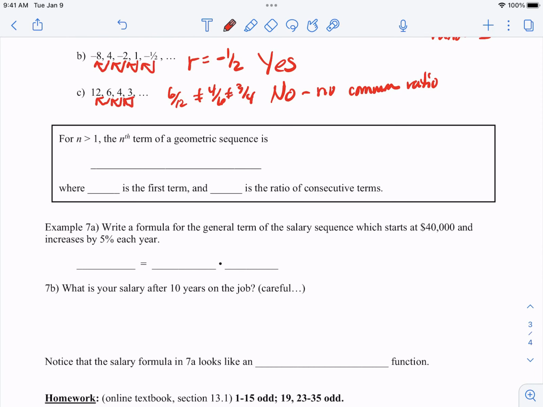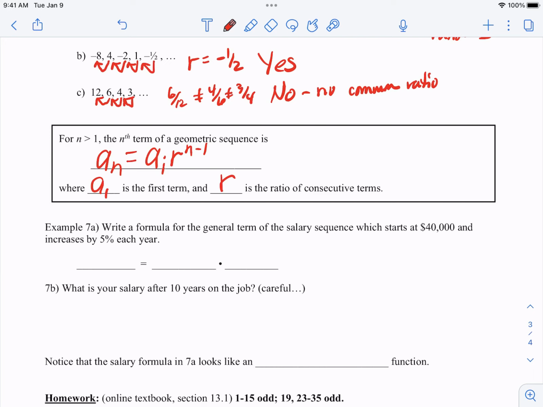So summarizing again, the nth term of a geometric sequence is always the first term times the common ratio raised to the n-1 power, where a(1) is always the first term and r is the common ratio of consecutive terms.